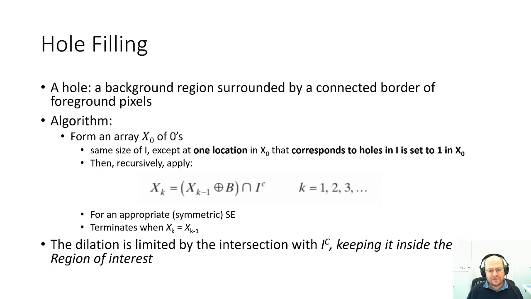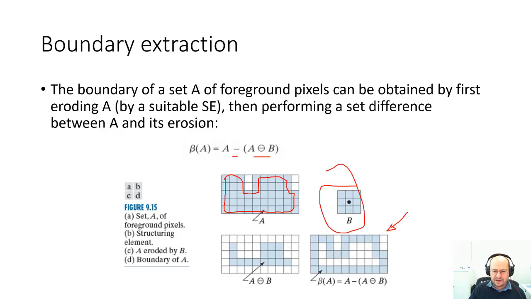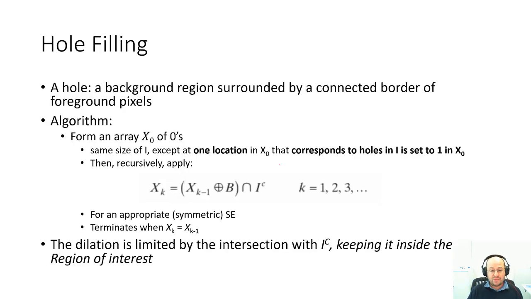All right, hole filling. The same way that I can find a boundary by applying some smart operations, I can fill up holes. In this case, what we're doing is a dilation, but there's a trick here.